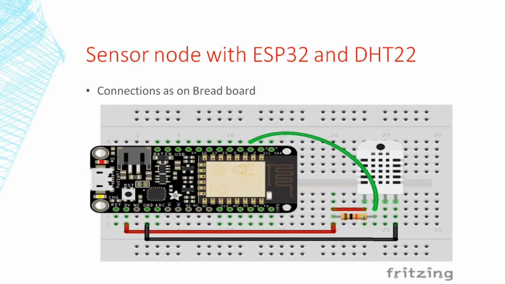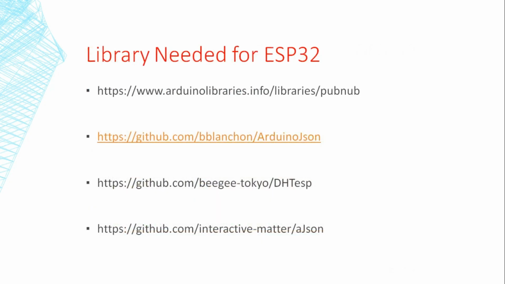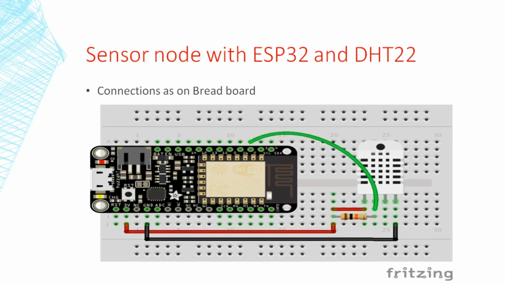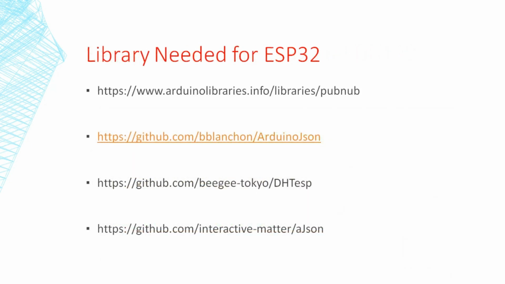Let's see how it looks when you put it on the breadboard. Here it is. This is how it will look when you put all the connections in place. Also, before you jump to the ESP32 program, please make sure you have downloaded and installed the libraries that I have mentioned on this slide.